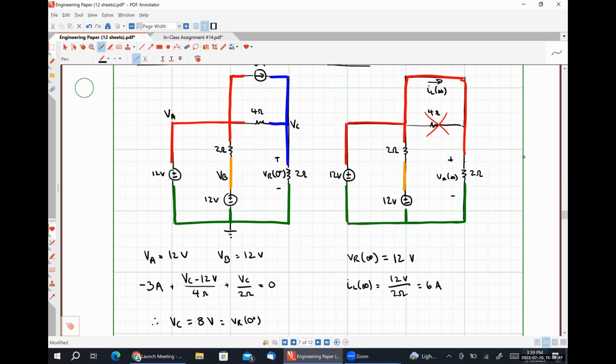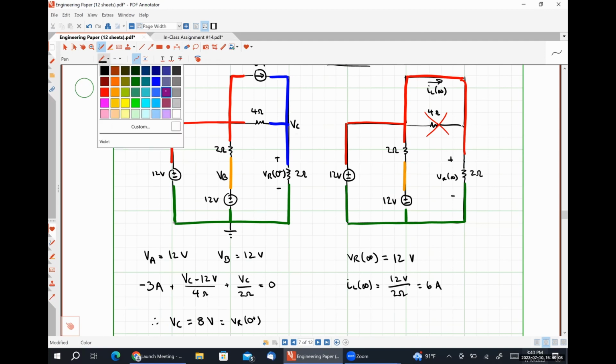I don't know if that makes any sense. The 2 ohm resistor on the right is 12 volts because it's in parallel with that leftmost 12-volt source. Yeah. IL is infinity because of Ohm's law, right?